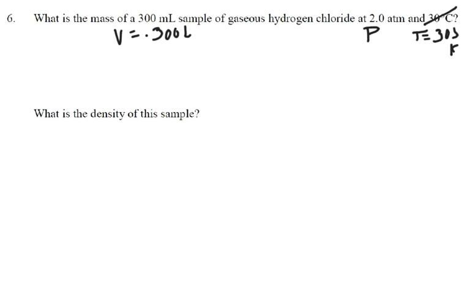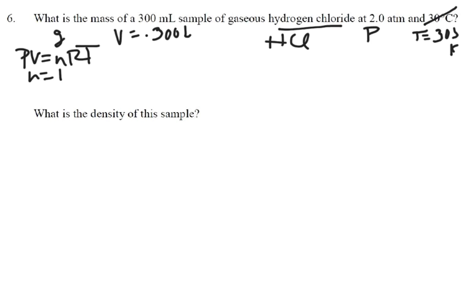And what is the mass of that sample? So mass is going to be grams, and we know that this is hydrogen chloride, HCl. Well, again, if we knew the moles, then we could figure out the grams. So it's going to be a 2-step problem. So let's start off with PV equals nRT.